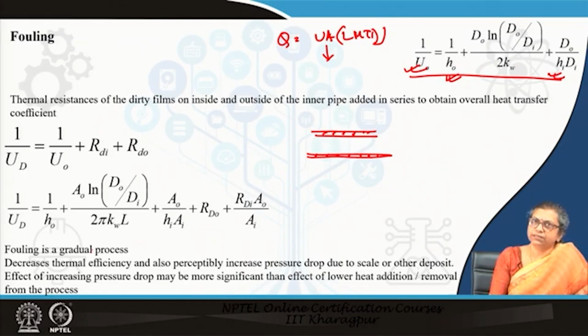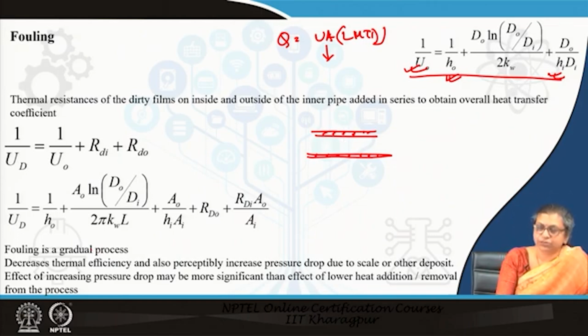If you want a heat exchanger to operate over a long period of time, you need to consider the fouling factors and incorporate them in the calculation of the design overall heat transfer coefficient, so that using this UD, the A that you calculate will be greater than the area you would get without considering the dirt factors.